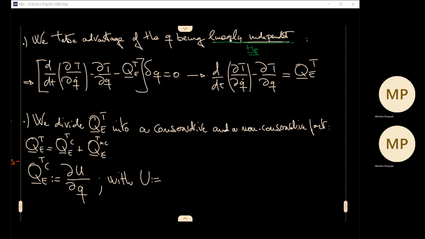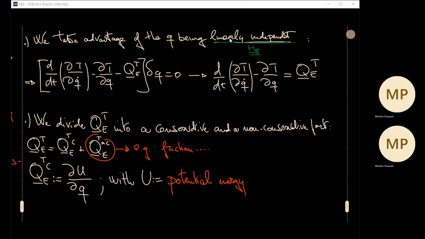Okay. If they are conservative, they allow a potential energy to be defined. While this is typically what? Friction, for example. Okay. And therefore, we're done.